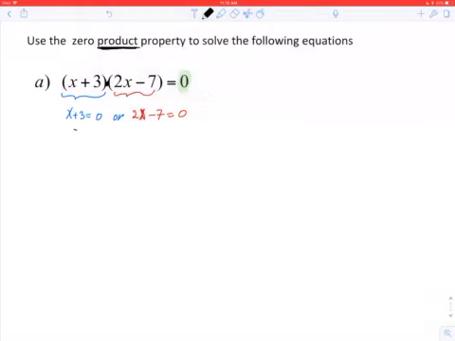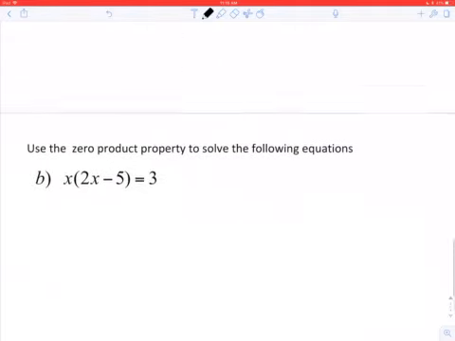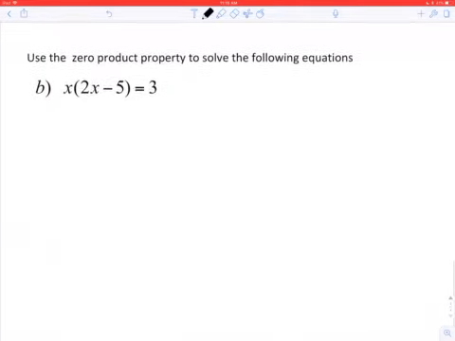Both of the factors are linear factors, so we will be solving by isolating x. Subtract 3 on both sides, and x equals negative 3, and add 7 on both sides, divide by 2, x equals 7 over 2. And those are the solutions.